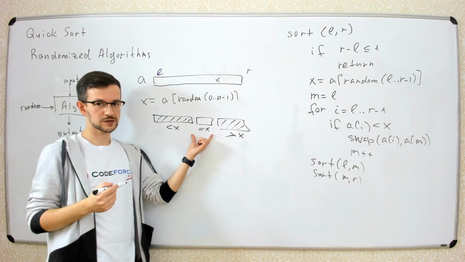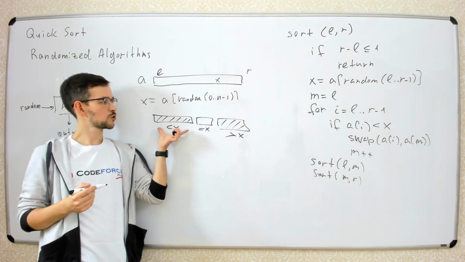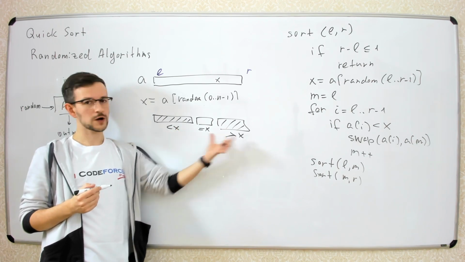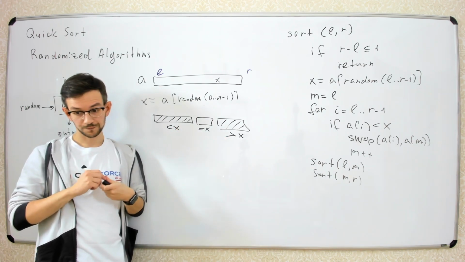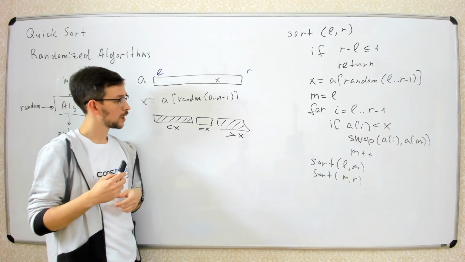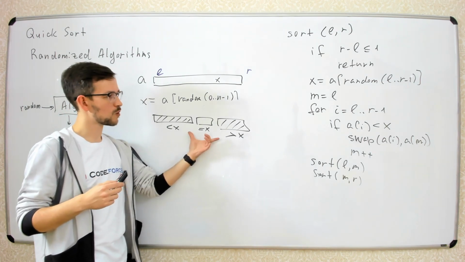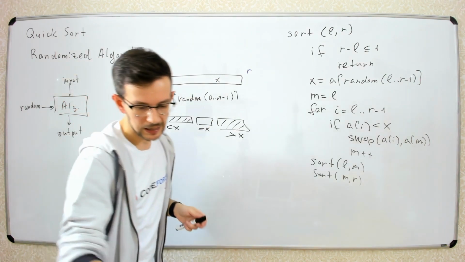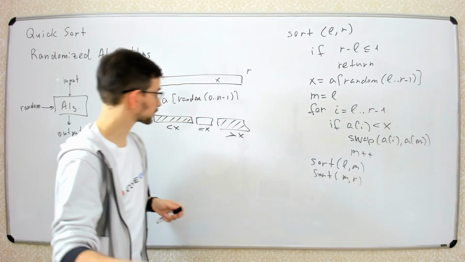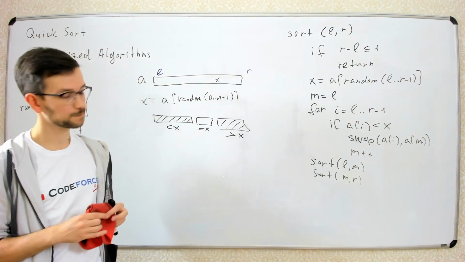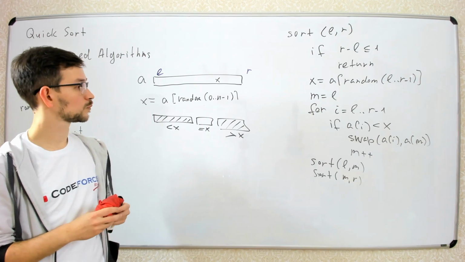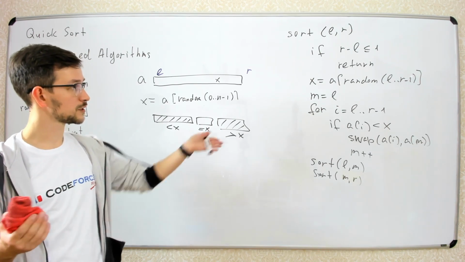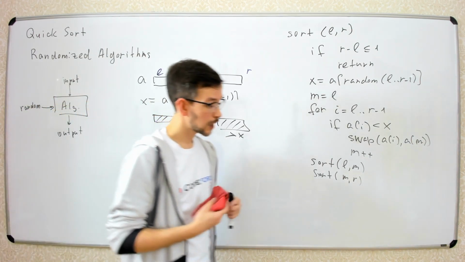Elements equal to x stay in place, so we only need to sort these 2 parts of the array. Okay, that's one of the ways to solve this problem. Nice. That's all. That's how the quicksort algorithm works.